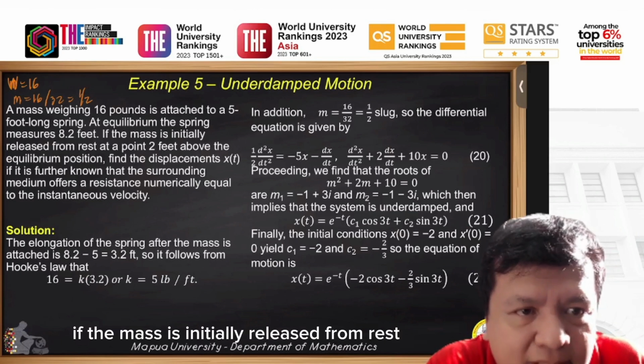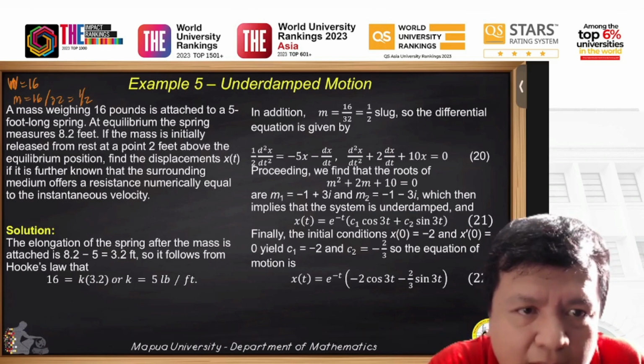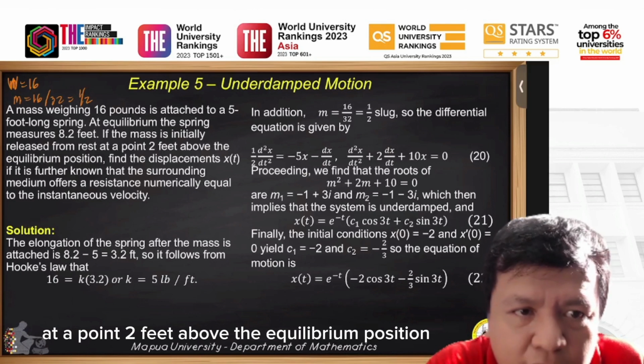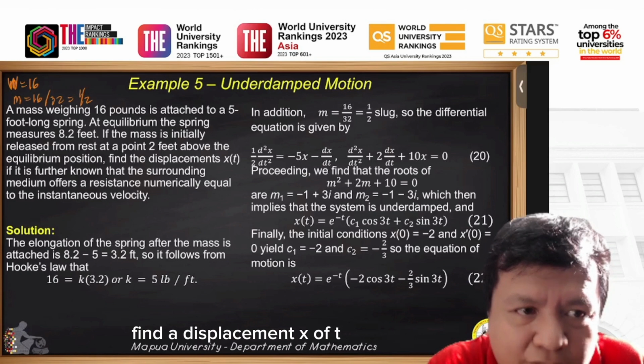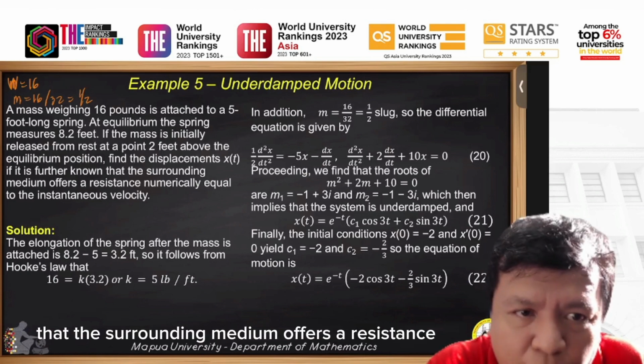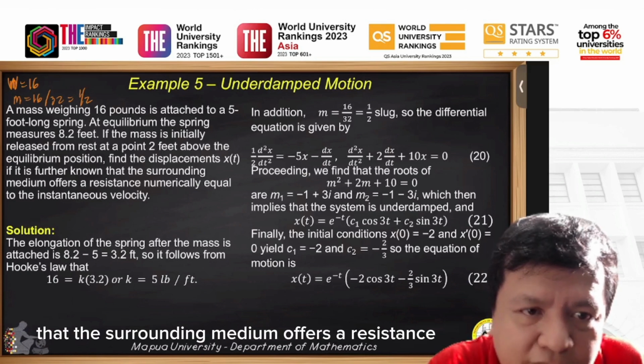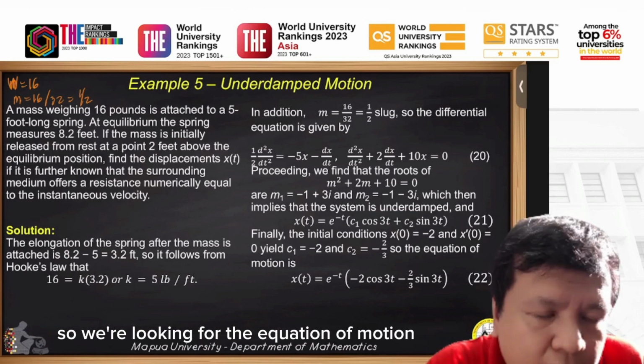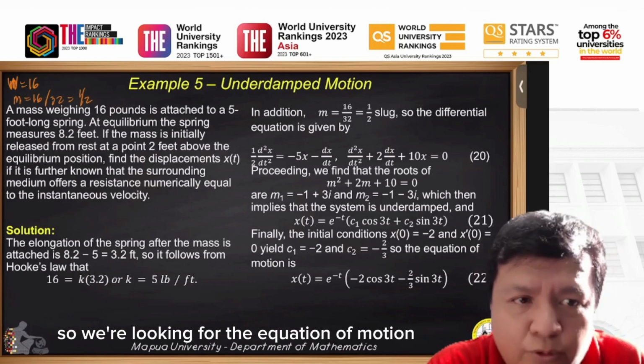If the mass is initially released from rest at a point 2 feet above the equilibrium position, find the displacement x of t, if it is further known that the surrounding medium offers a resistance numerically equal to the instantaneous velocity. So we're looking for the equation of motion.